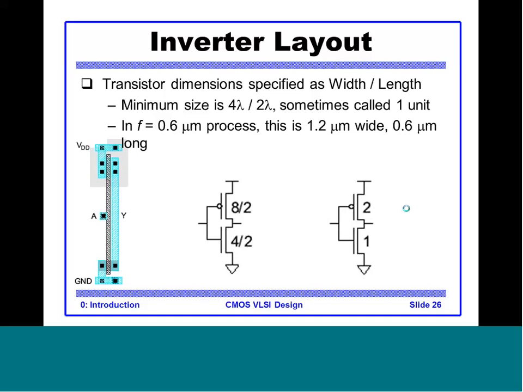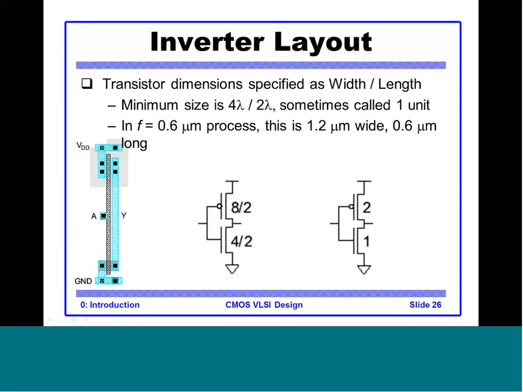Since lambda is equal to f by 2, f is nothing but 2 lambda. So the minimum width that a technology can have is 2 lambda. That is why the statement here says that the minimum size can be 4 lambda by 2 lambda. Sometimes it is called 1 unit. For example, in a 0.6 micrometer process, it would be 1.2 micrometer height and 0.6 micrometer long. Usually, to start with, we keep the width as twice the length.